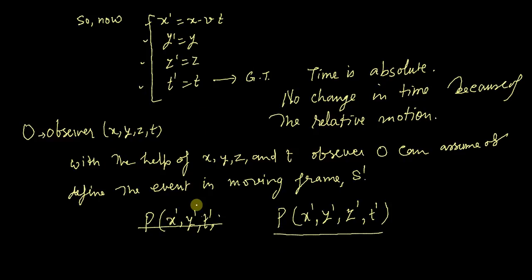So this is the Galilean transformation, and now we have this set of equations: x prime is equal to x minus vt, y prime is equal to y, z prime is equal to z, t prime is equal to t.